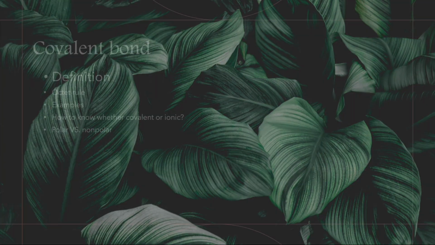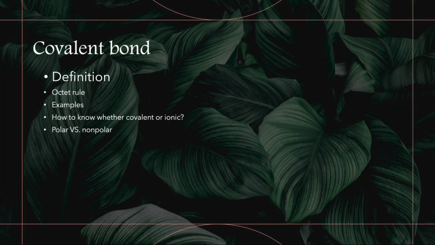A covalent bond is a type of chemical bond when two atoms share electrons to achieve a stable electron configuration, usually a full outer shell. Okay? So atoms will covalently bond with other atoms in order to gain more stability. That's the goal.